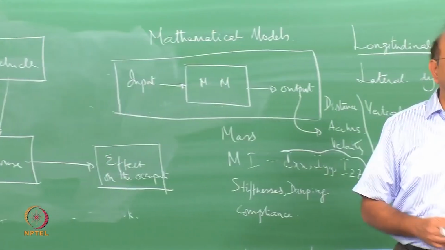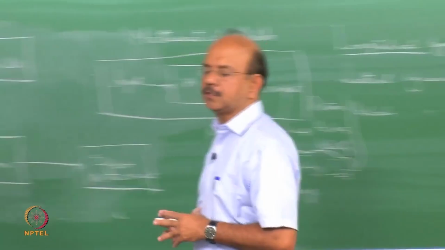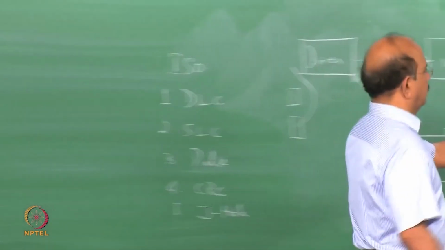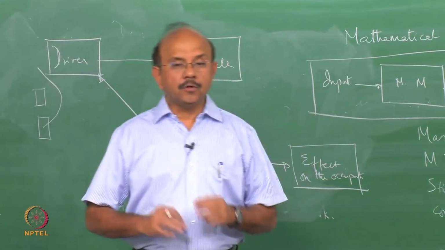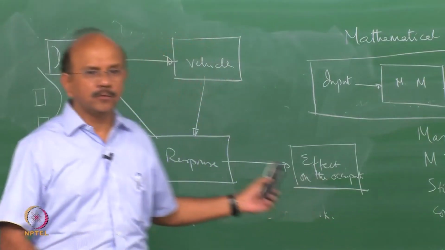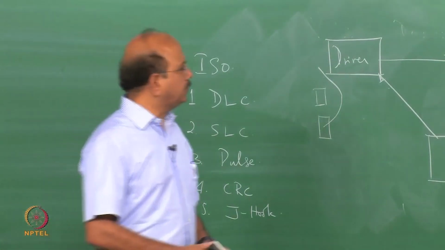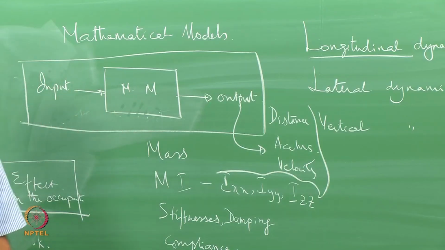So, it is a large topic. We are going to give a glimpse of this towards the end of the course, as to the cause and the effect on the occupants. Clear? So, in a nutshell, this is what we are going to look at in this course. We are going to look at first the mathematical model, input, output and so on.